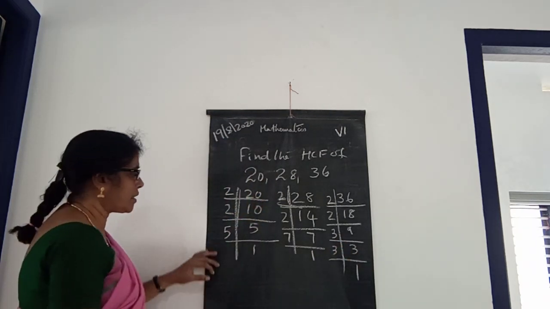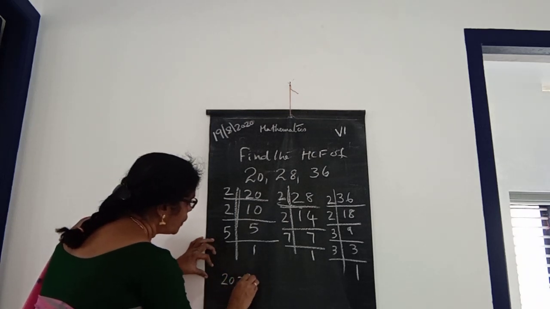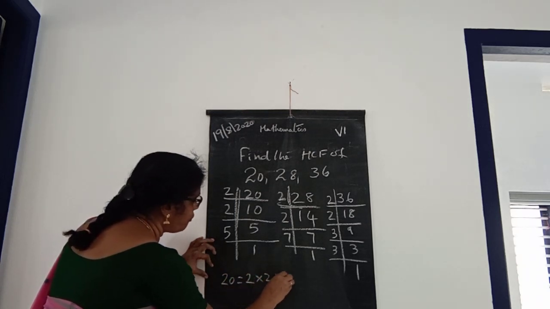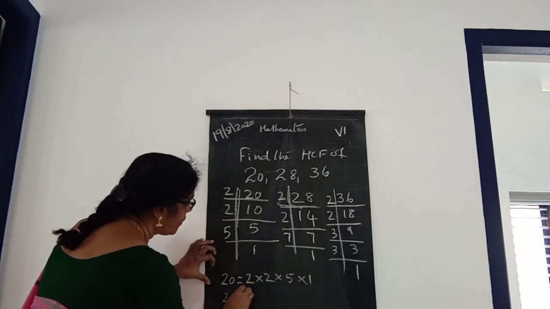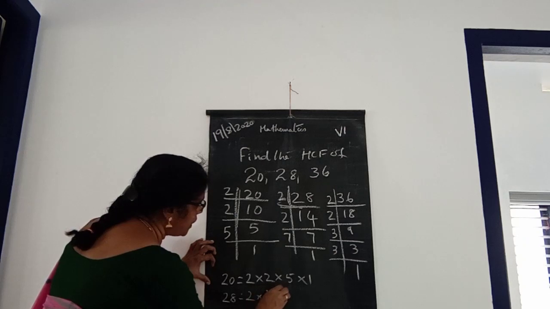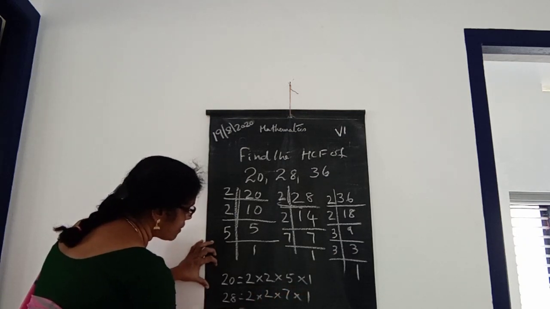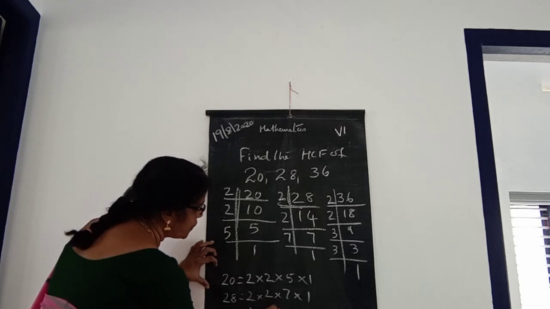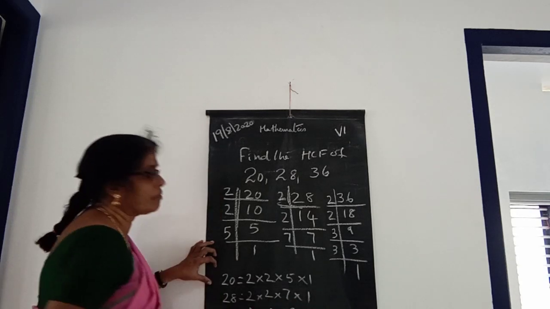These are the factors, and we can write them. The factors of 20 is equal to 2 into 2 into 5 into 1. Next, 28: 2 into 2 into 7 into 1. Next, 36: 2 into 2 into 3 into 3 into 1.